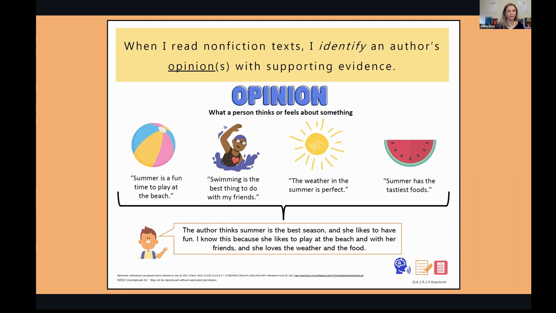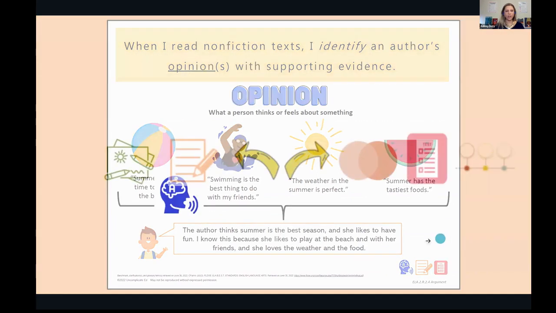I just want a quick glance at what this benchmark is saying. So we reiterated what opinion means, because again, we're on argument, showed them some different opinions from a text, and how the student would take all of those different opinions to come up with the author's overall opinion on the text with evidence. You might notice there that at the bottom, there are some icons. So let's talk about those a little bit.